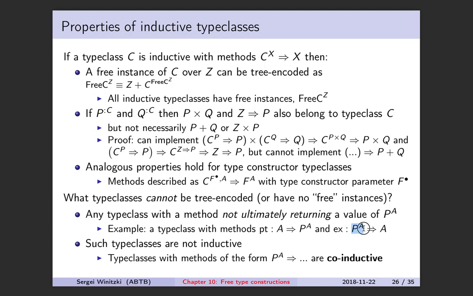But if all methods are of this form, they consume PA and return something, then there's another way of doing a free instance, which is called co-free, and these type classes are called co-inductive. I'm not going to describe them in this tutorial, but perhaps in another chapter.